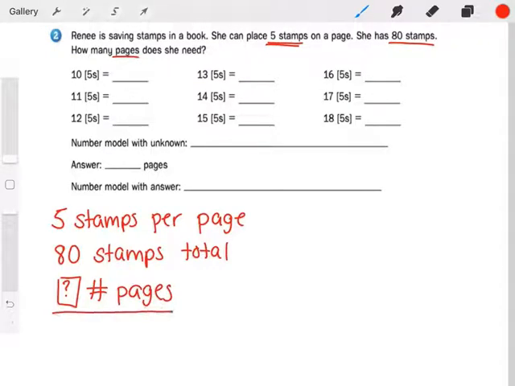This is our unknown. So our number model with the unknown would be 80 stamps divided by 5, or you can write it like this, 80 divided by 5 stamps per page will give you the number of pages. So I'm going to put a P for number of pages.